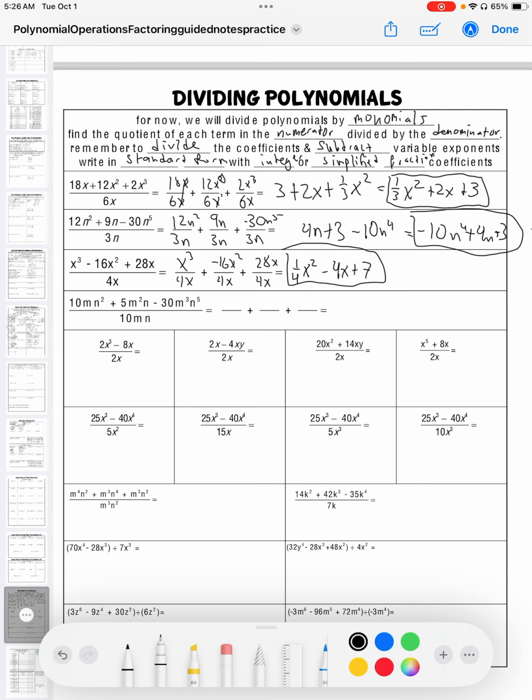So the last one that I'm going to do with you is this 10mn squared plus 5m squared n minus 30m cubed n to the 5th.